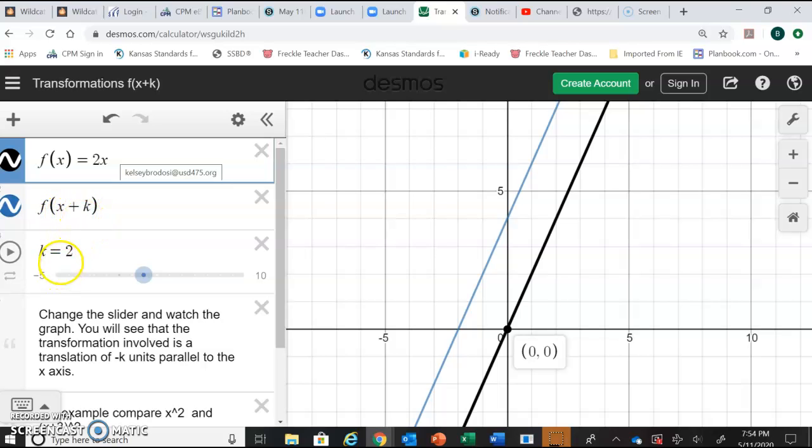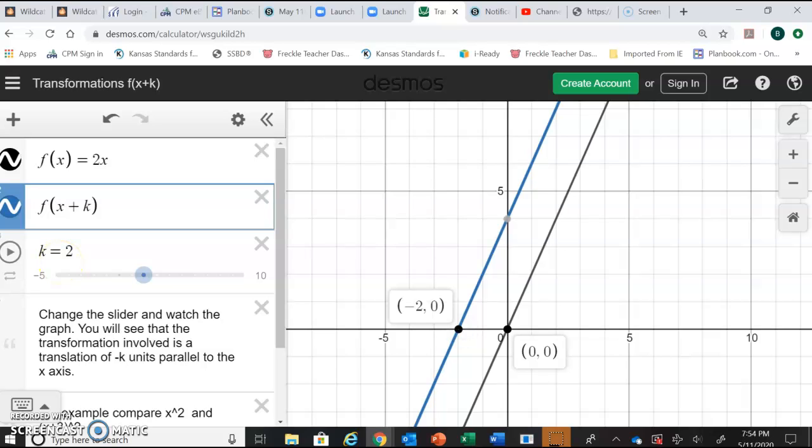It follows the exact same rules, and that's what's important to think about. All these transformations, it doesn't matter what type of graph you have. The transformation rules will apply the same across all types of the ones that we're going to be doing. It doesn't matter if it's linear or quadratic or whatever. It's going to shift the graph in the same way each time.